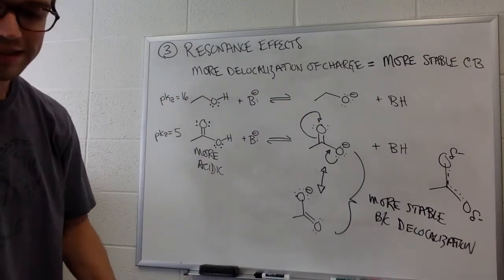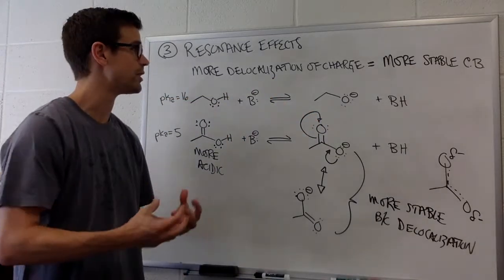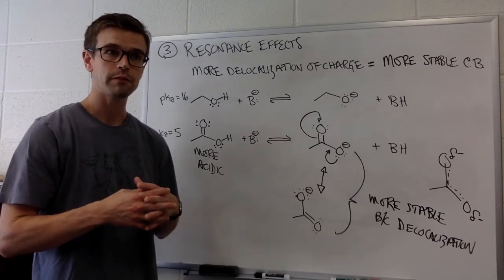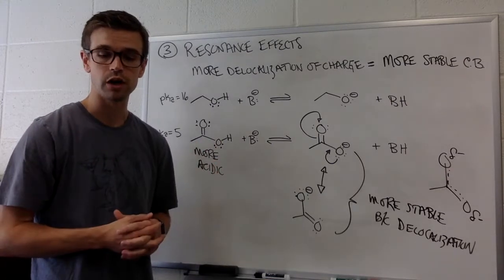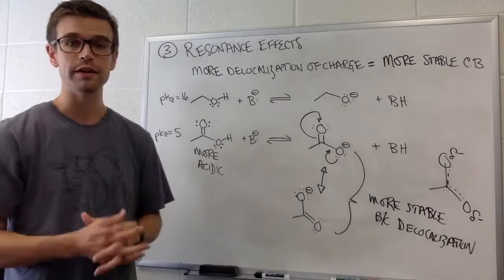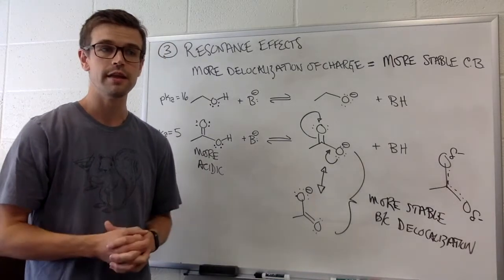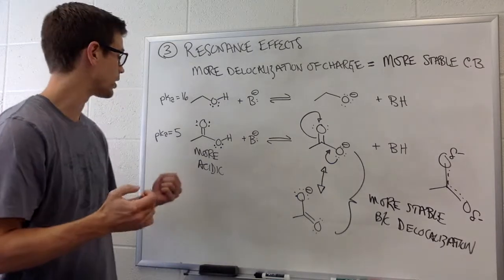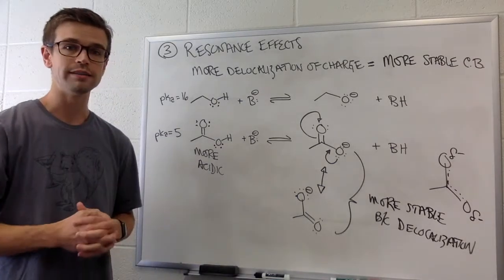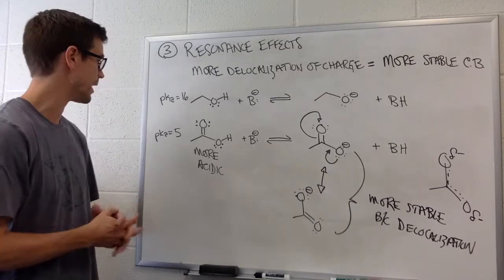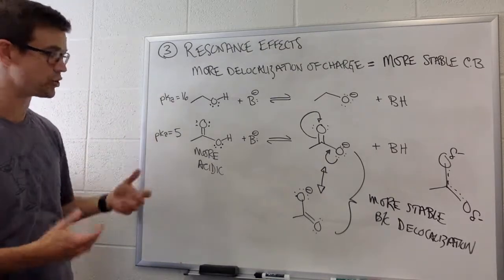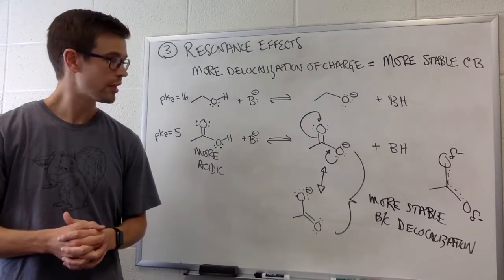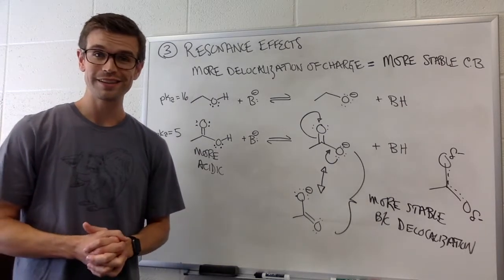So that's how resonance impacts acidity. It stabilizes the conjugate base through the delocalization of that charge. And I would point out that it's a larger effect than induction. It has a bigger impact on stabilizing the conjugate base, and you can see that in this enormous, drastic impact on those pKa values. Yeah, so resonance, really important.